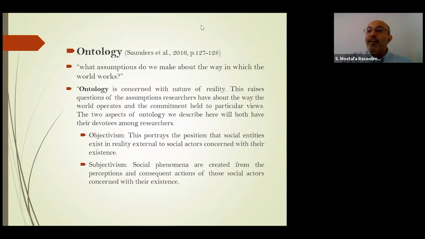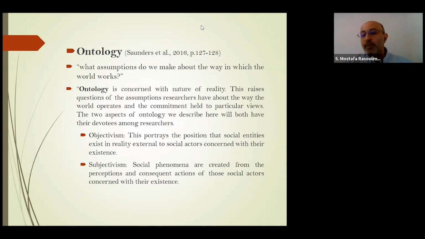For the first question, from the ontological perspective, it shows our understanding about reality. What we think about reality, especially when reality is connected with social phenomena.